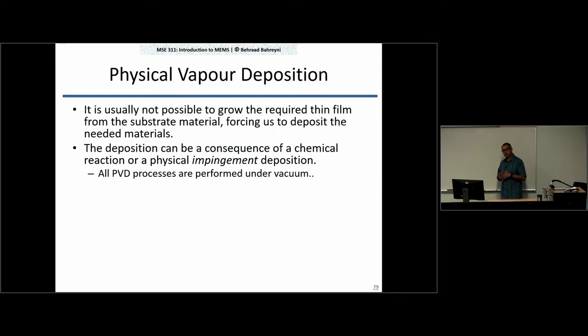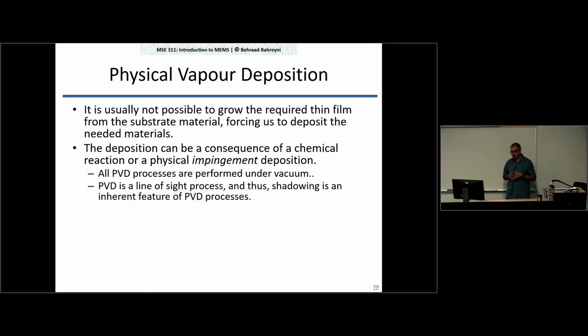All PVD processes are conducted under vacuum. So you usually have a vacuum level, we'll talk about the units, on the order of 1 millitorr or less, or 10 millitorr or less, for your typical PVD processes. And because they are done at such levels of vacuum, they're line of sight processes, meaning that a particle moving from your source to your substrate, in most cases, travels in straight lines for fairly long distances.